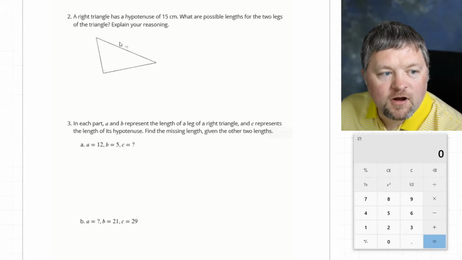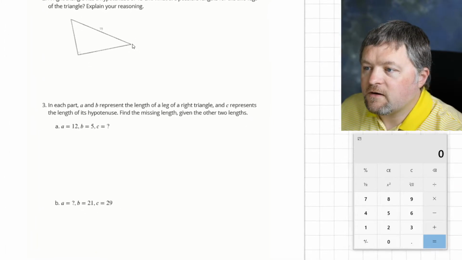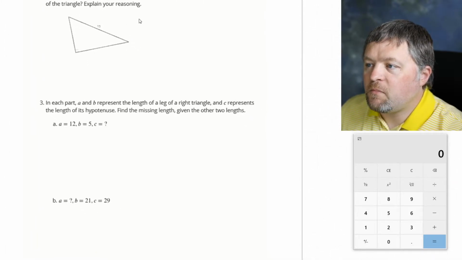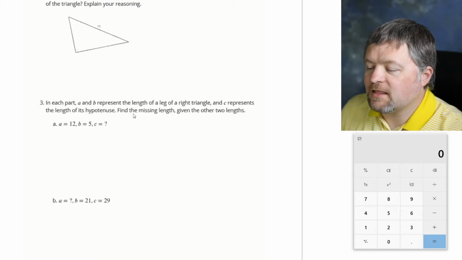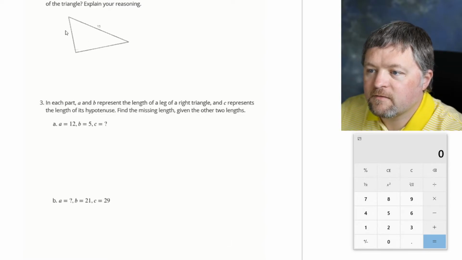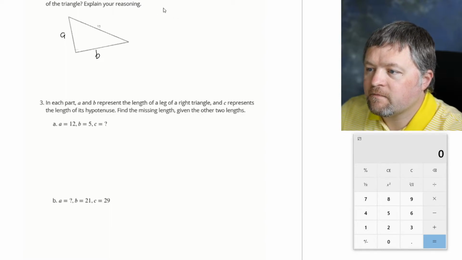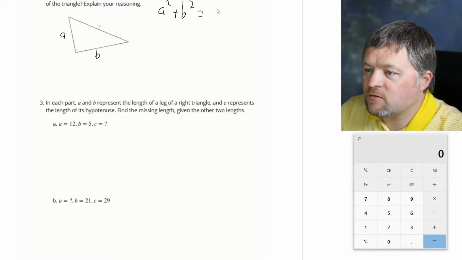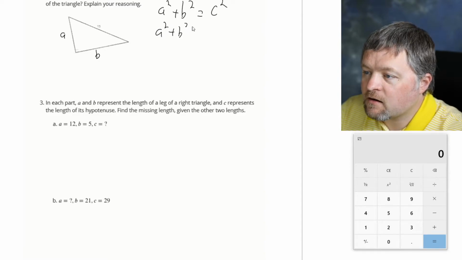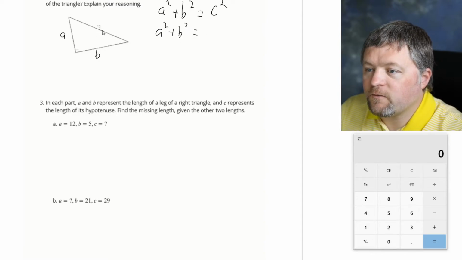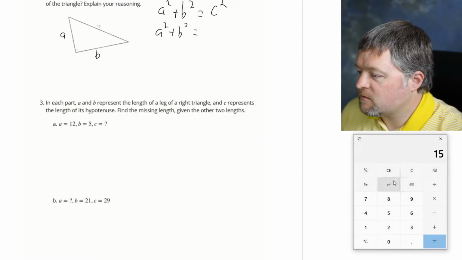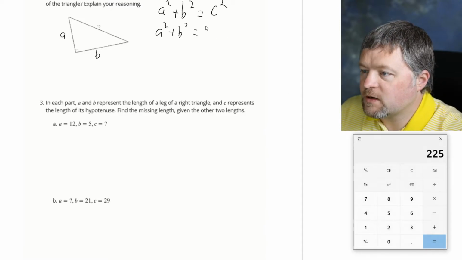A right triangle has a hypotenuse of 15 centimeters. What are possible lengths for the legs? So those have to be A and B. And we know that a squared plus b squared has to equal c squared. So whatever a and b are, they have to equal 15 squared, which is 225.